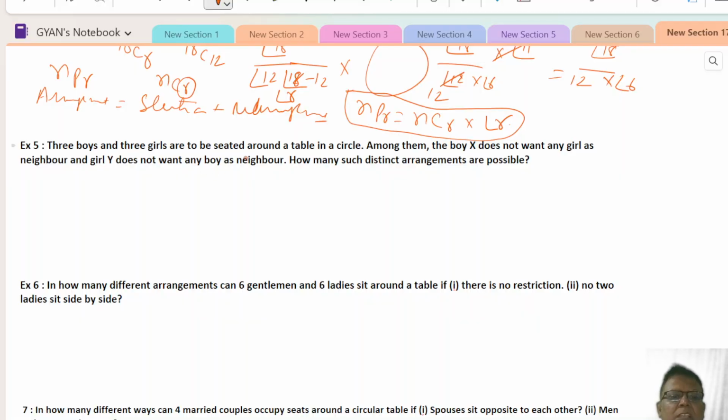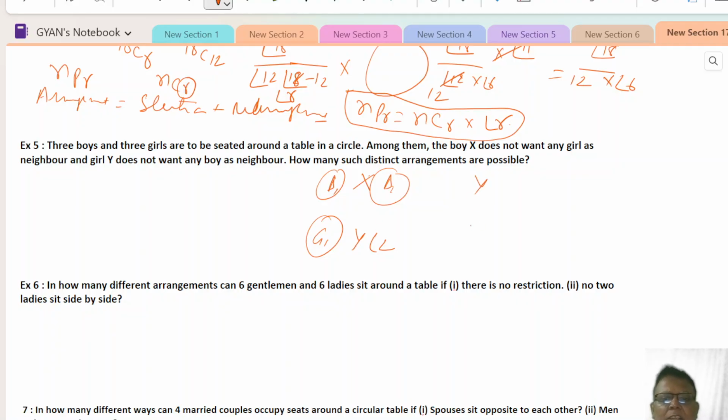Three boys and three girls are around the table in a circle, among them X boy. Suppose here X boy is there, here Y girl is there, and here will be boy 1 and boy 2, here girl 1 and girl 2. So X, Y that you have fixed.